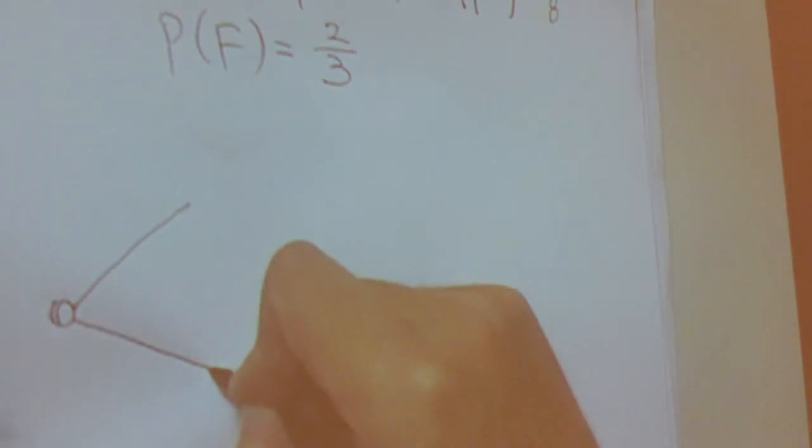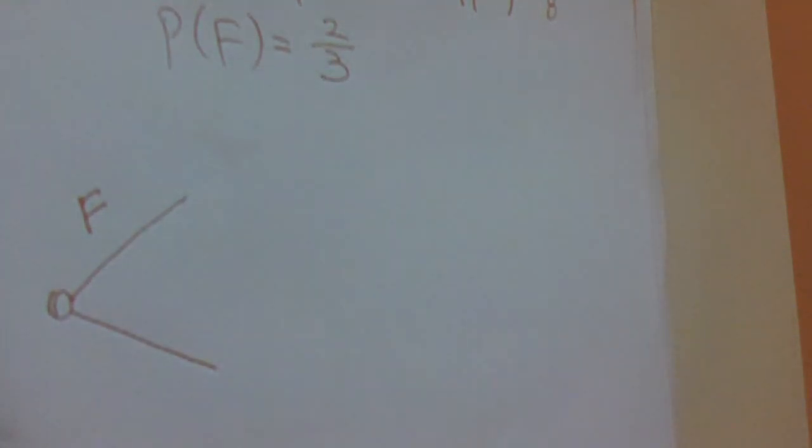The tree diagram starts with one single node. First, you graph the weather event. There are only 2 possible outcomes, so you're going to have 2 branches. One branch represents good weather. The other branch represents bad weather. That's easy.